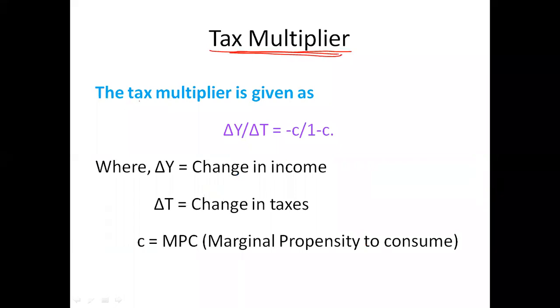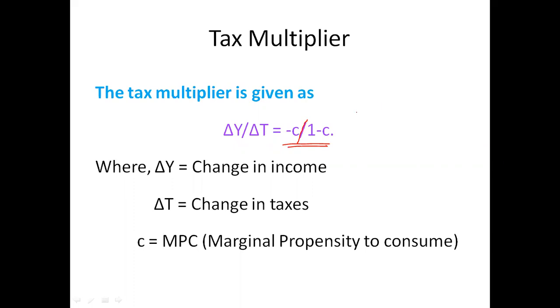So students, remember, the tax multiplier is given like this. See students, the investment multiplier was given by the formula delta y by delta a dash. Now the tax multiplier is given by the formula delta y divided by delta t, which is equal to minus c divided by 1 minus c.